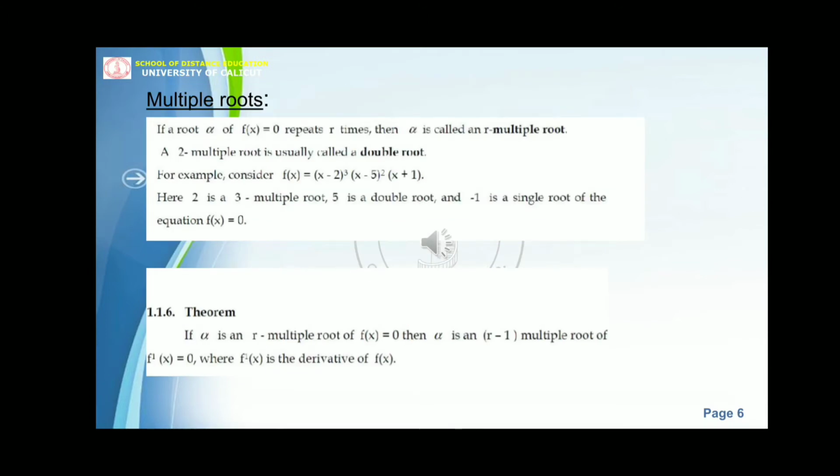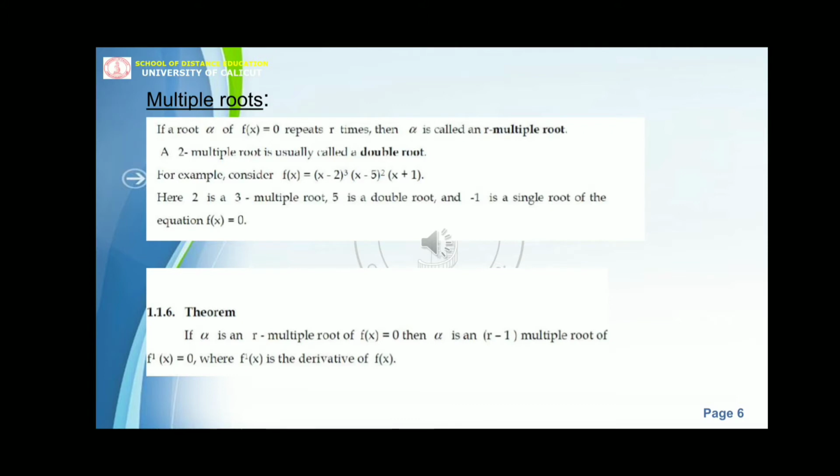If a root alpha of f of x is equal to 0 is repeated r times, then alpha is called an r multiple root of the polynomial f of x. For example, consider f of x is equal to x minus 2 the whole raised to 3 into x minus 5 the whole square into x plus 1.